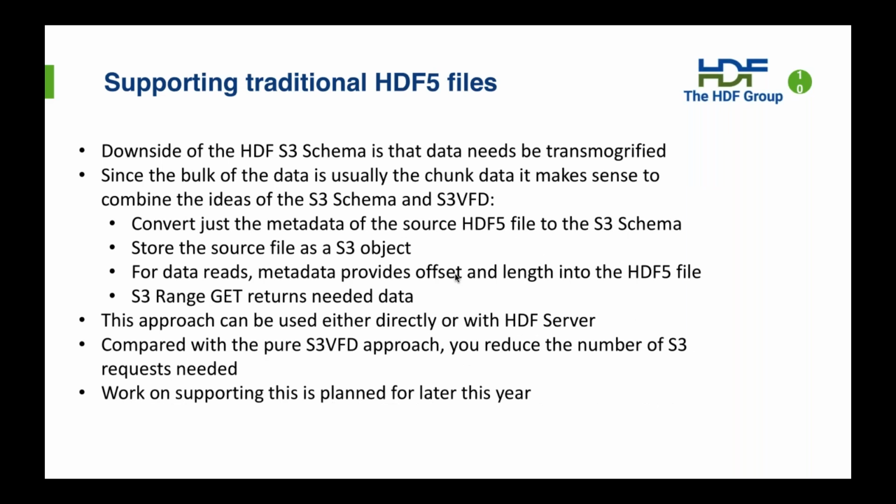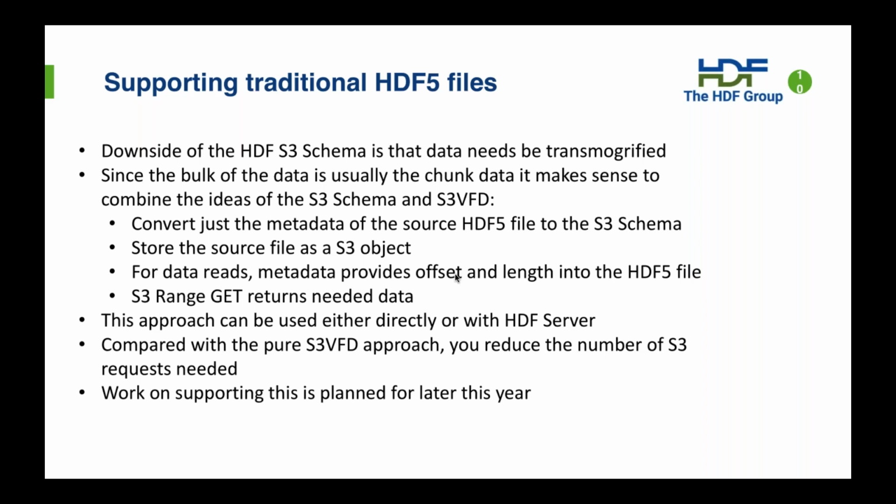Okay, now I'd like to talk about how we could do this for traditional HDF5 files as well. So it's great, we can take an HDF5 file and store it in this new fangled way. But if you have tons of data already in S3, for example, I want to access Cumulus data, I may not really want to replicate that data again to store it in a different format.